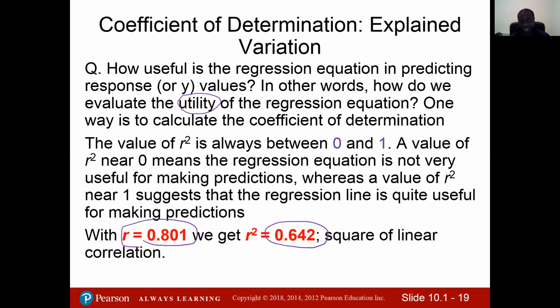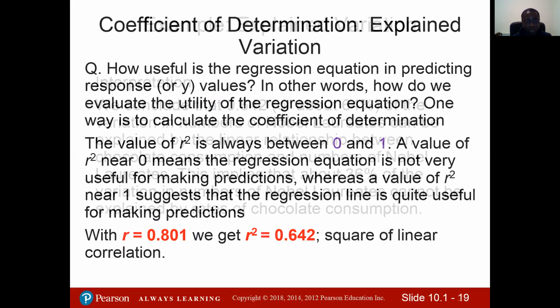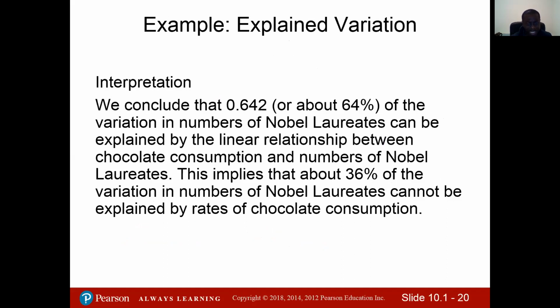How does chocolate consumption correlate with Nobel Prizes won? All right. So we interpret this by saying that 64% of the variation in numbers of Nobel prizes can be explained by the linear relationship between the chocolate consumption and number of Nobel prizes.